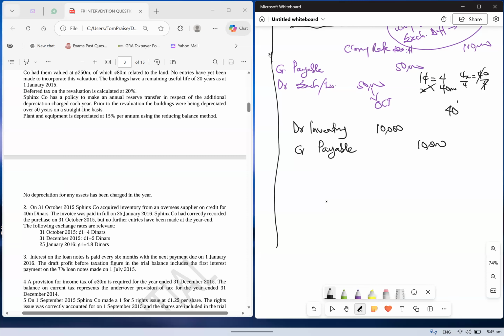So what would we do to the payable so that we can get the 8 million? You would debit it by 2 million. And therefore what will go to our OCI is the exchange gain, right?